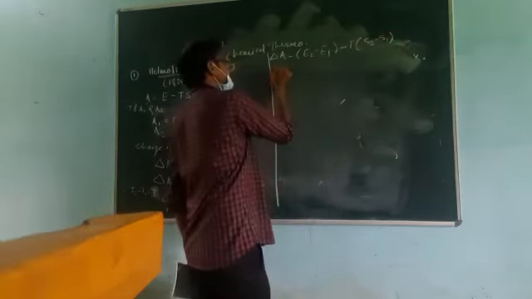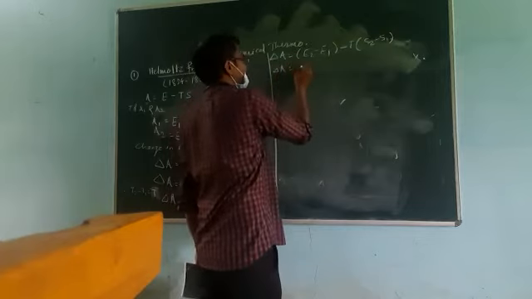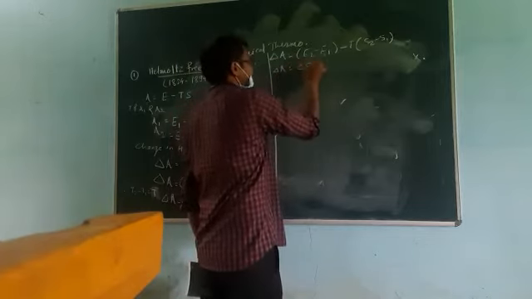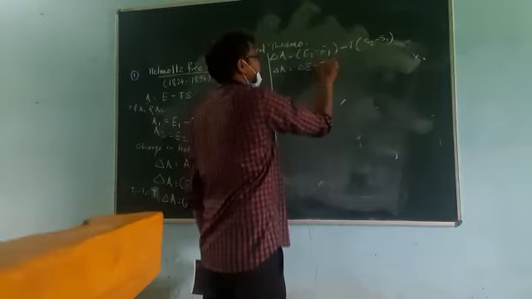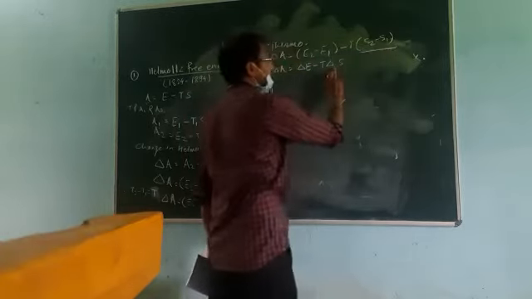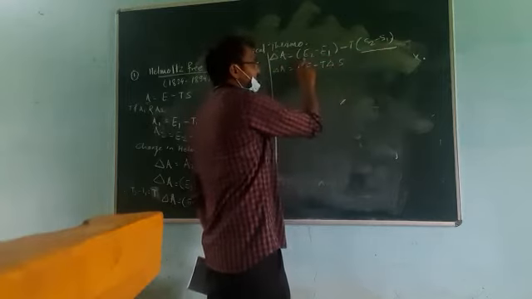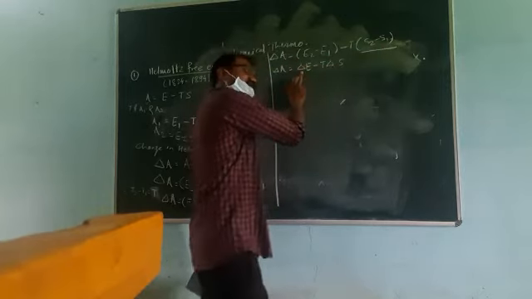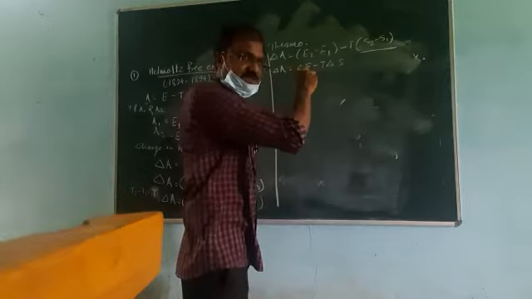Putting the energies of the initial and final states on one side, delta A is equal to delta E minus T delta S. Here delta S is the change in entropy, delta E is the change in energy, and delta is nothing but the change.